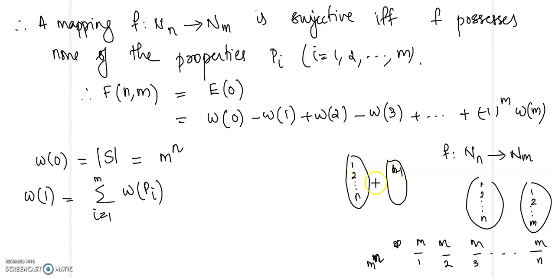So 1 has m-1 choices, similarly 2 has m-1 choices, and n also has m-1 choices. So we will get m-1 raised to n. So each omega of Pi will be m-1 raised to n, and in total we have m of them. We are taking one property at a time, so we will get mC1 times m-1 whole raised to n.